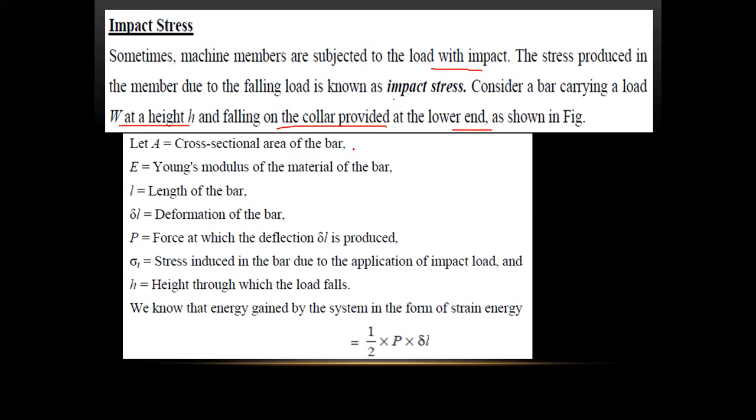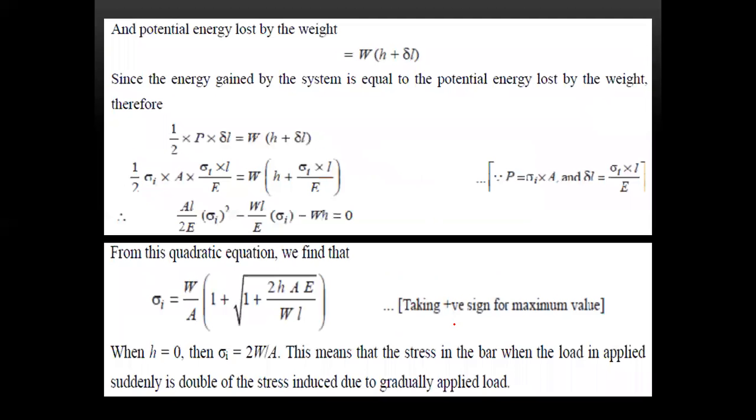Let A be the cross-sectional area of the bar, E the Young's modulus, L the length of the bar, delta L the deformation, P the force, sigma the stress, H the height, and the strain energy is equal to half P into delta L. Taking those into consideration, the potential energy lost by the weight is equal to W into H plus delta L.